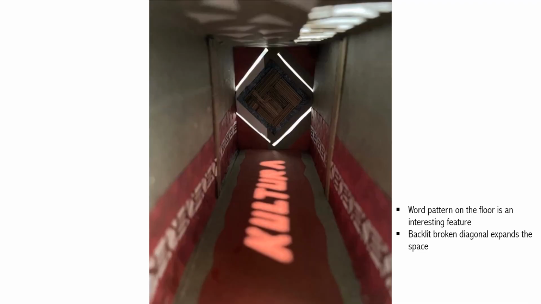Okay, so this one is very interesting because there's a word pattern on the floor. It's a very interesting feature. I actually think that is very doable in the real world.